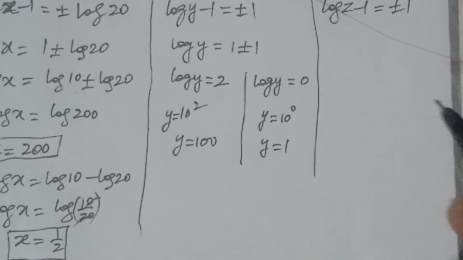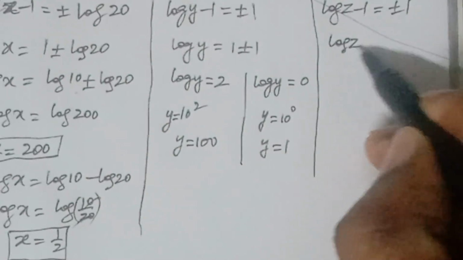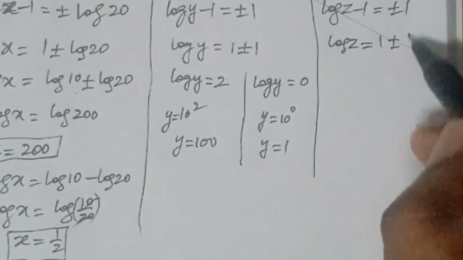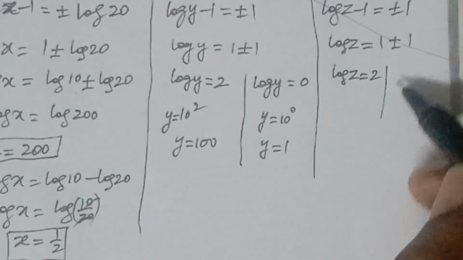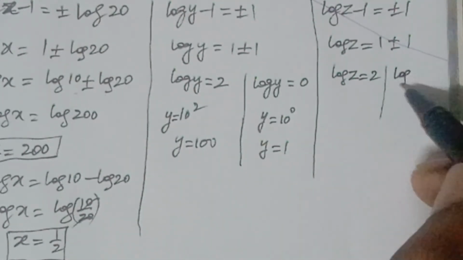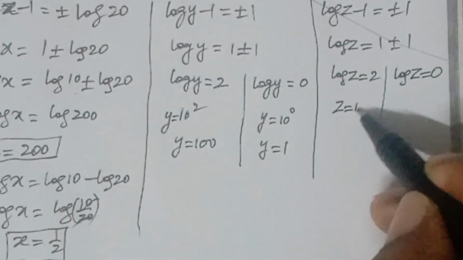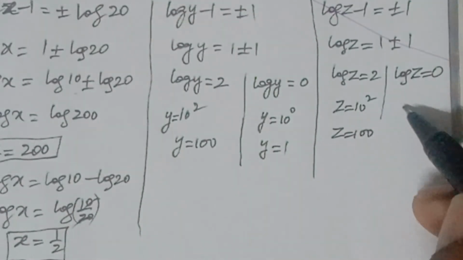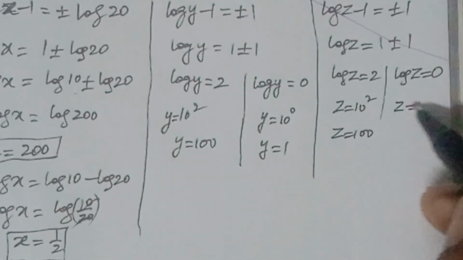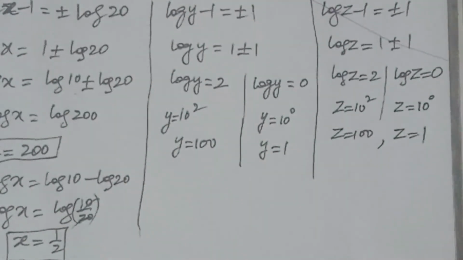Now in the same way, if you take log z values here, so log z also we will get the same, 1 plus or minus 1. Log z is equal to 2 or log z is equal to 0. So z is equal to 10 square, z is equal to 100, or you can take z is equal to 10 power 0, z is equal to 1.